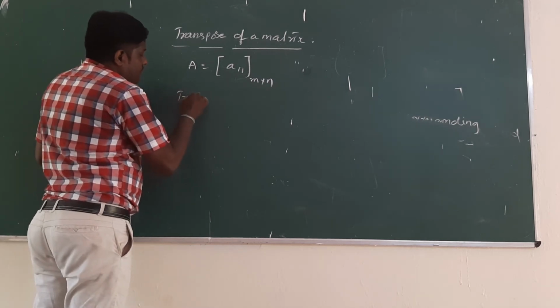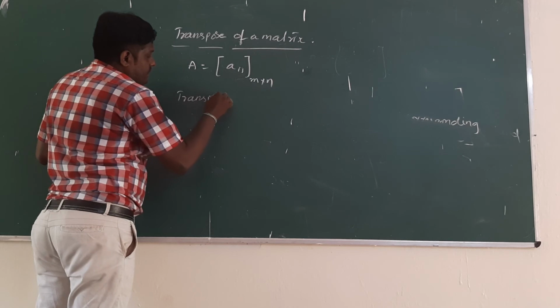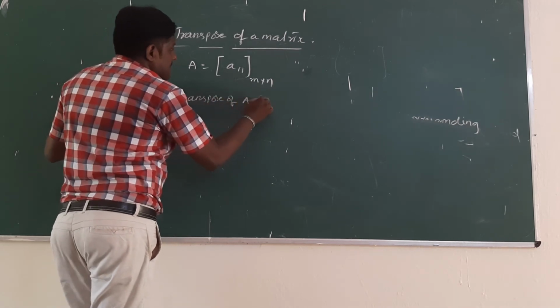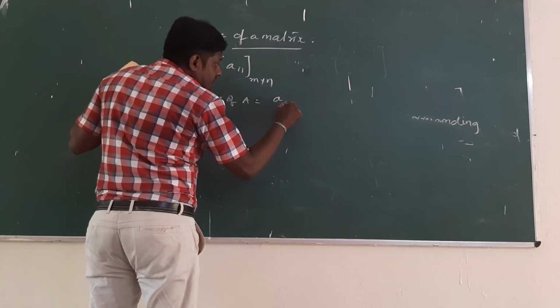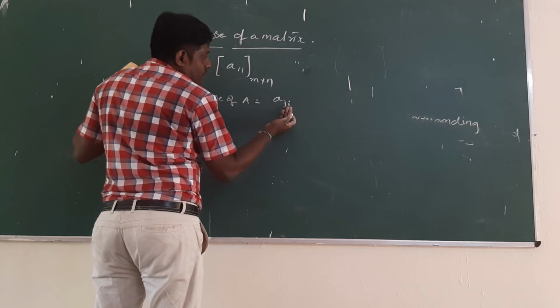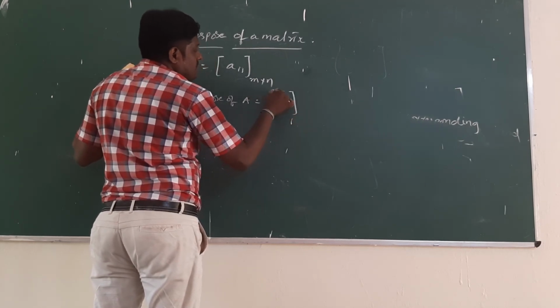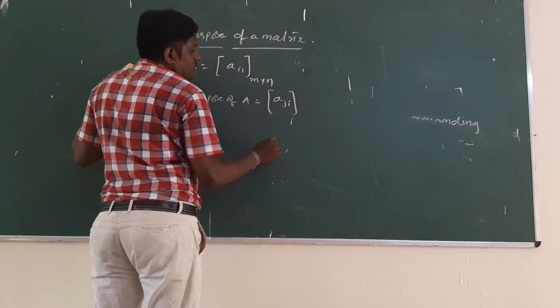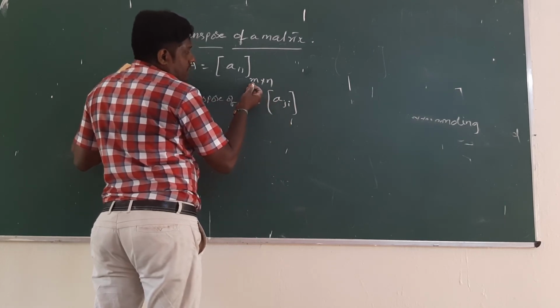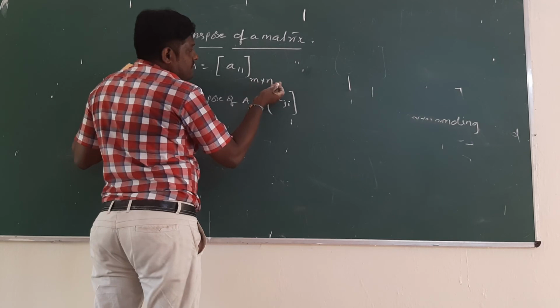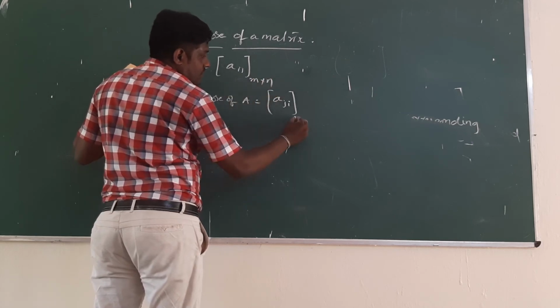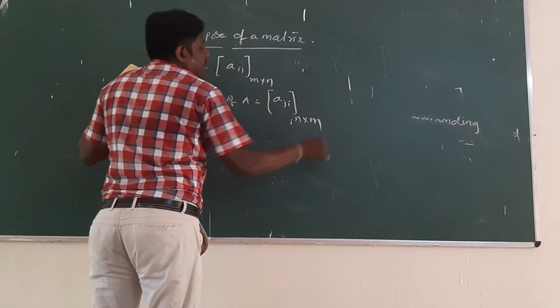The transpose of A is nothing but [aji]. We convert the rows into columns and the columns into rows. So the order of this matrix is n by m.